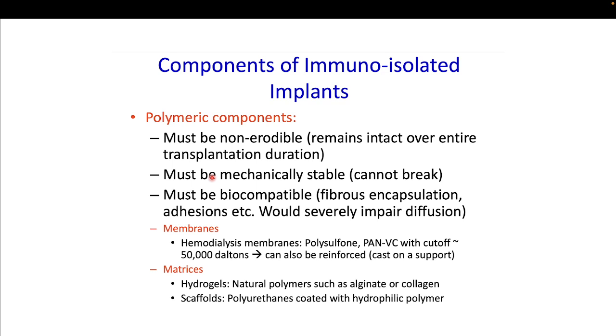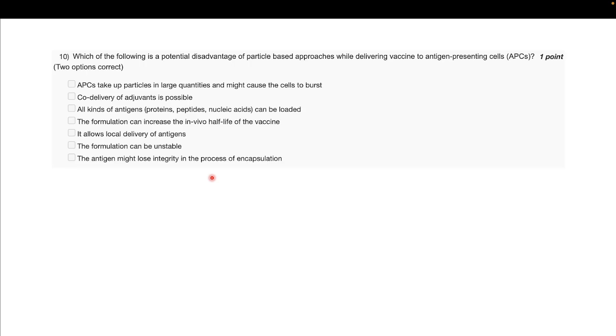Okay, if there are no doubts, I'll move on towards the last question of the assignment. So this is, which of the following is a potential disadvantage of particle based approaches while delivering vaccine to antigen presenting cells? Again, we have to select two options.